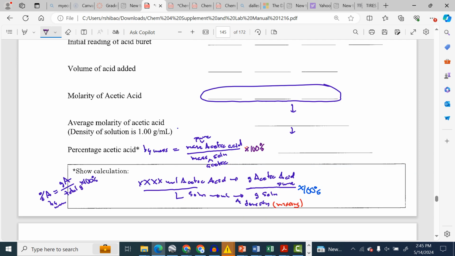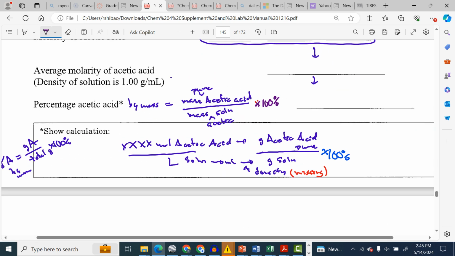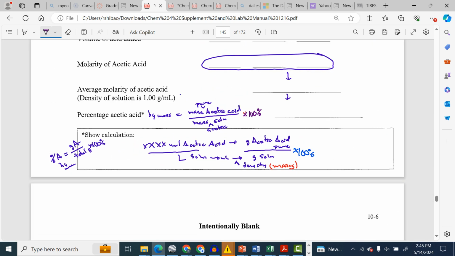If the density is missing, what should we do? So we have choices. One, we could just stop there and say the density is missing, and therefore we cannot calculate it. It is possible we could try to measure the density, but we're not going to do that.